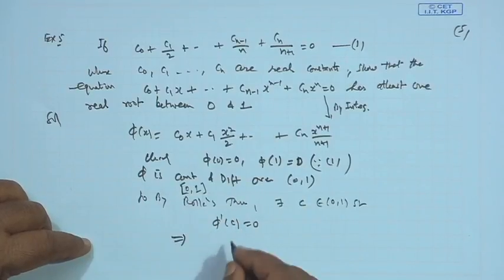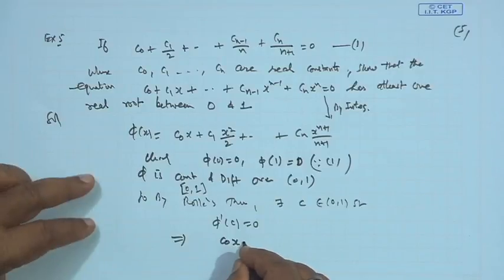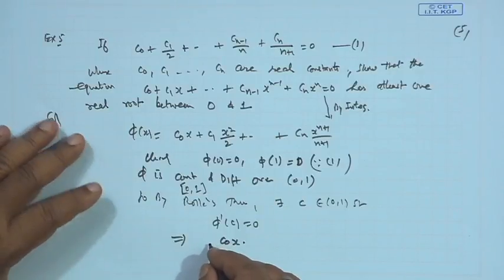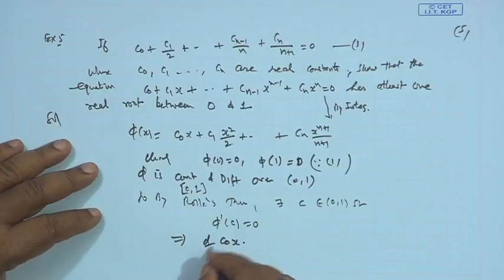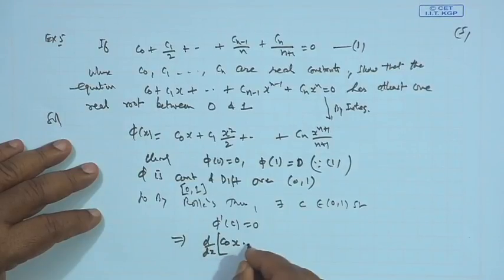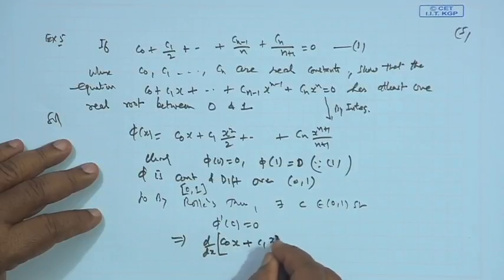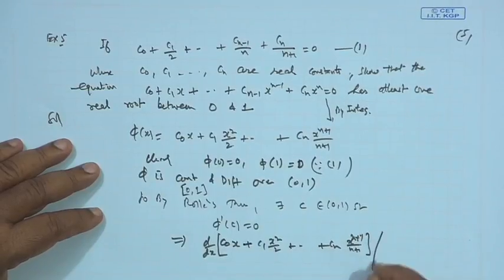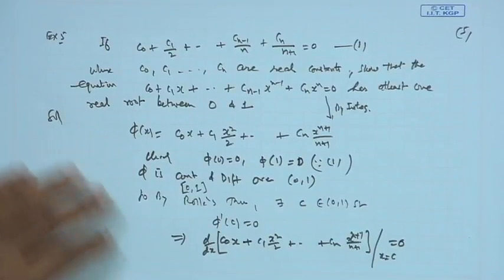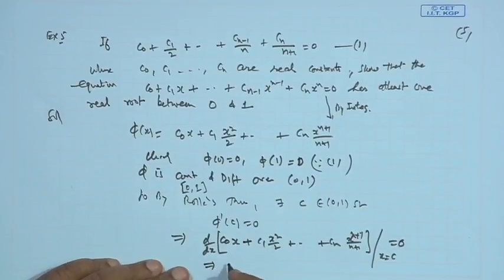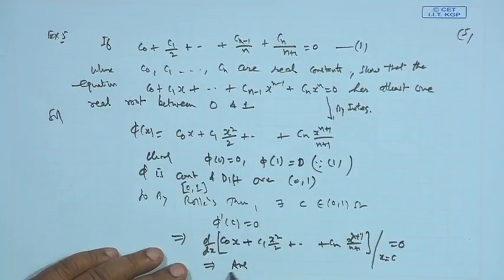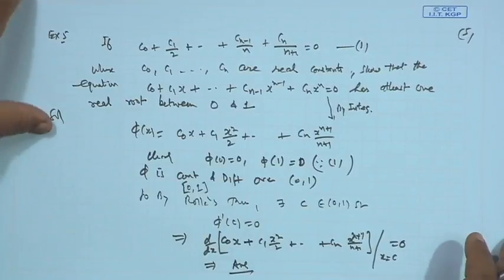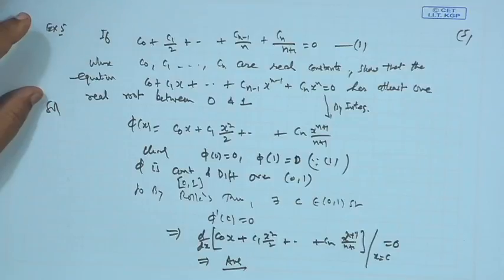The derivative is c_0 + c_1 x + ... + c_n x^n, which at the point x = c vanishes, and that gives the result. So, answer. Okay. Please do that part. Answer is this.